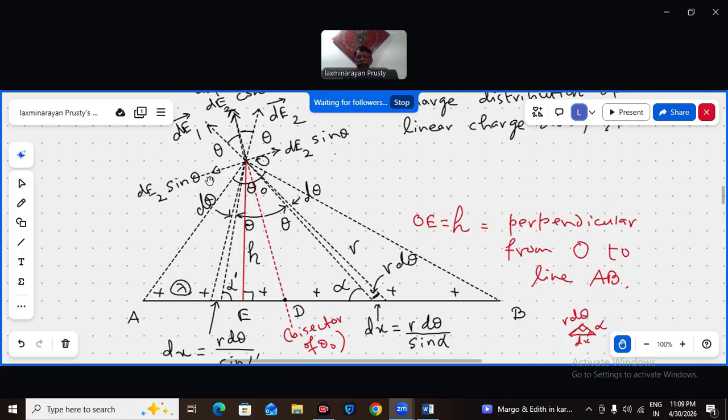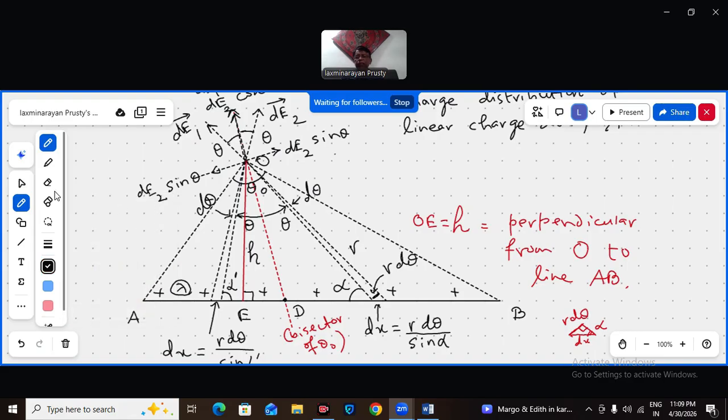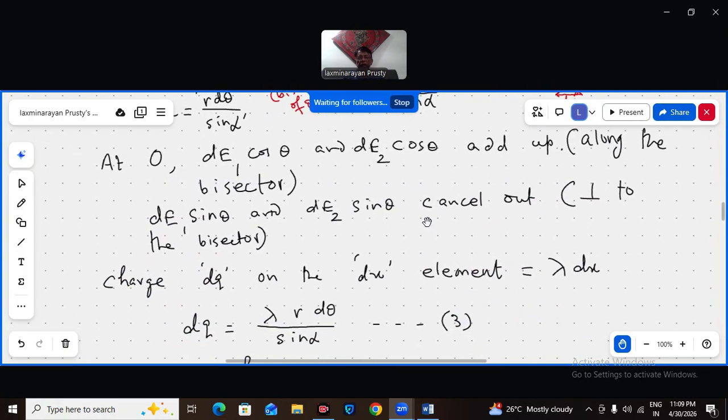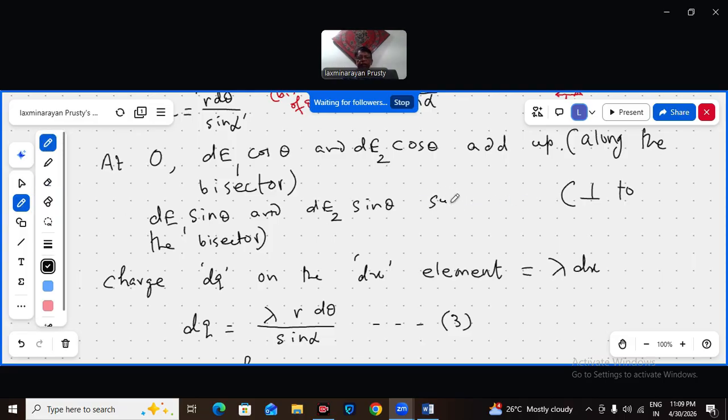Their sin theta components, dE1 sin theta and dE2 sin theta, will subtract from each other. If dE1 is equal to dE2, then they will cancel out.